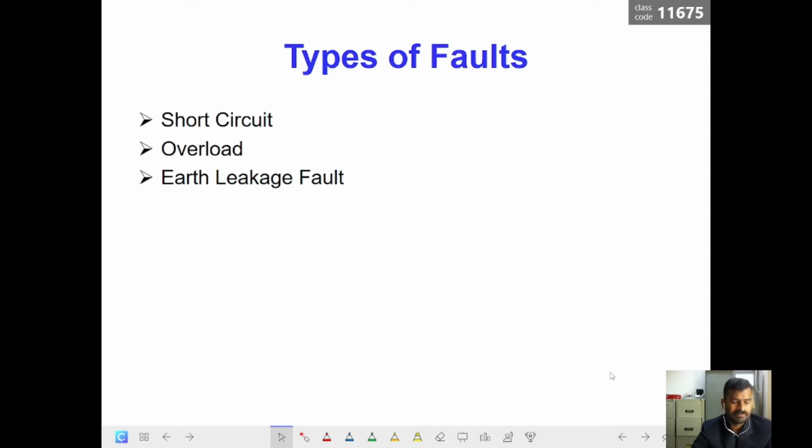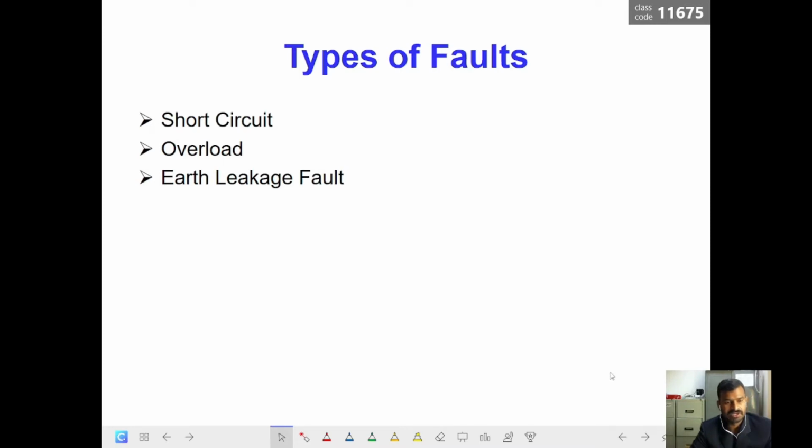Though it is a metal body, mostly it has its own insulating paint or something similar. So it does not have a huge amount of current flow, but there will be a certain amount of leakage current. When a human comes in contact with this, the current starts flowing through the human and reaches the ground, and the human body has its own physical resistance.